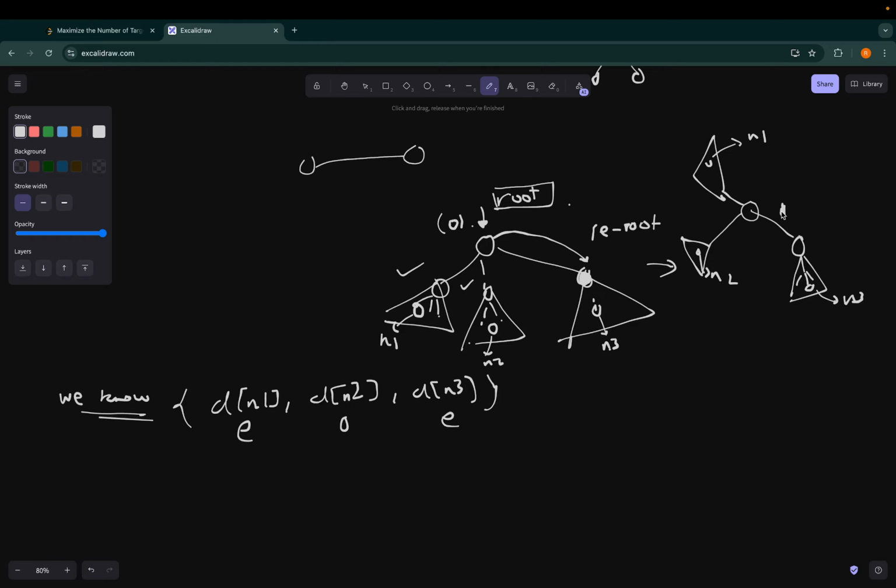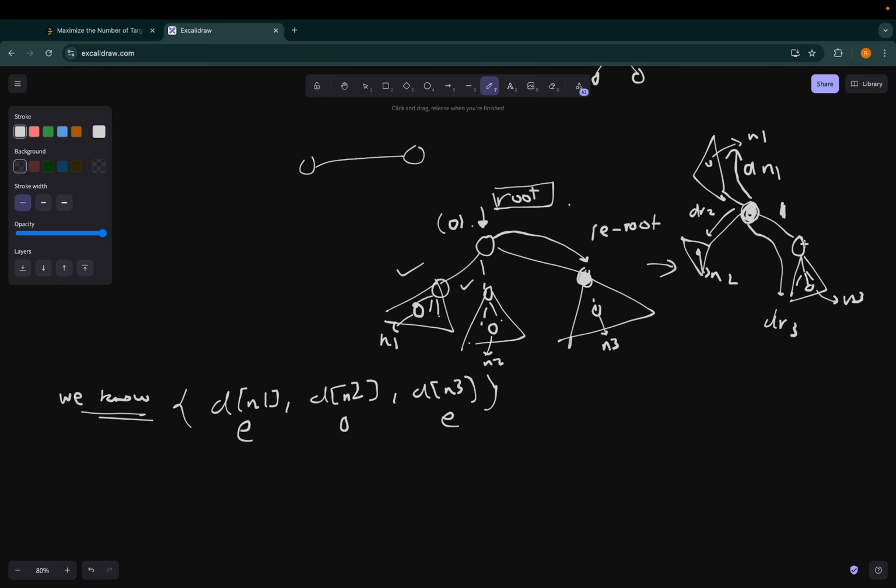Here the distance of the edge is 1. So this was d of n1, this was d of n2, and this is my old root. This was d of n3.